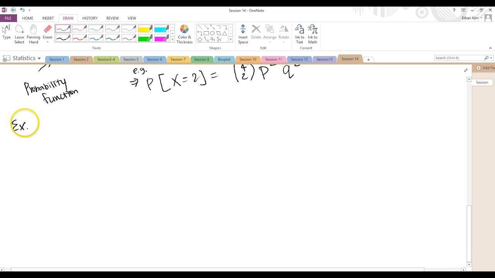So example. So say that the probability of rain on any given day is 0.1.